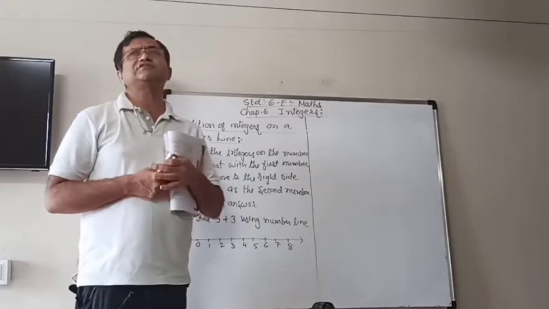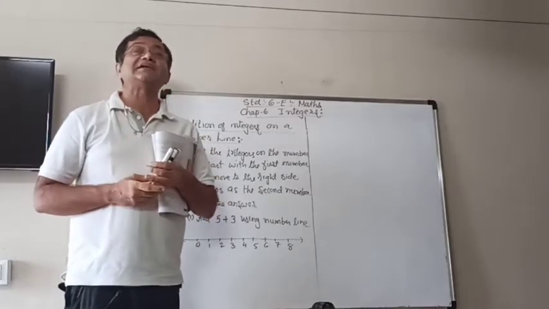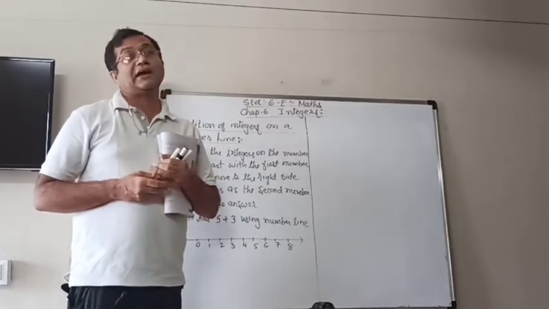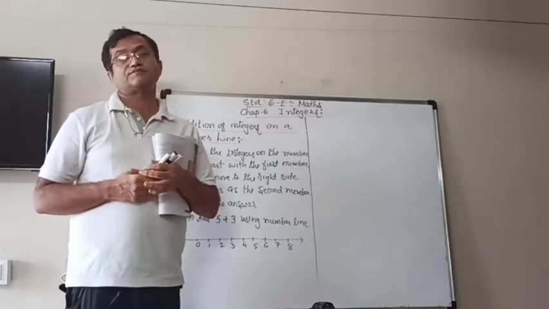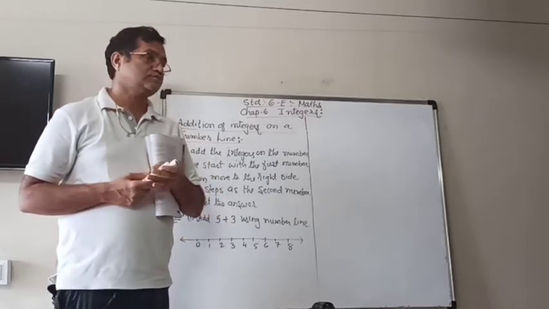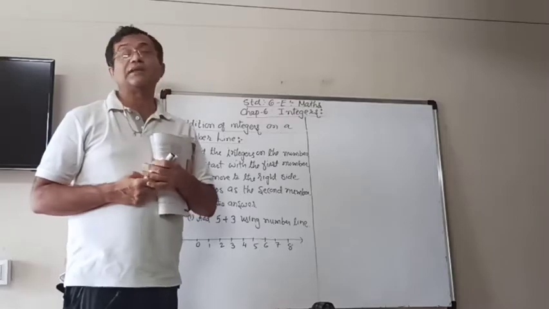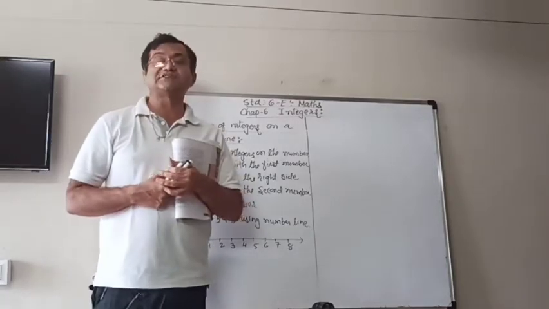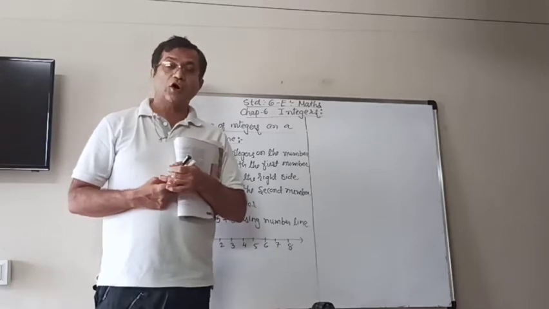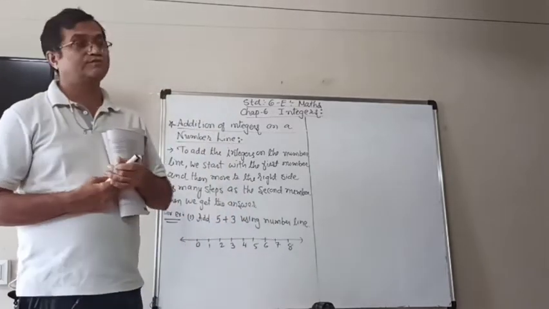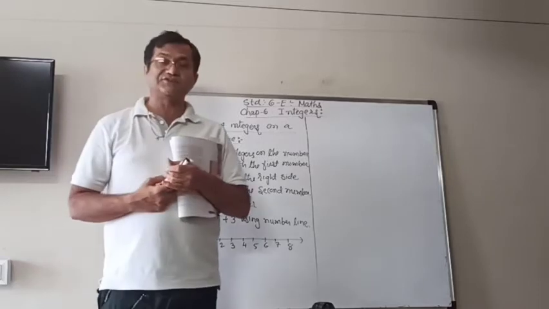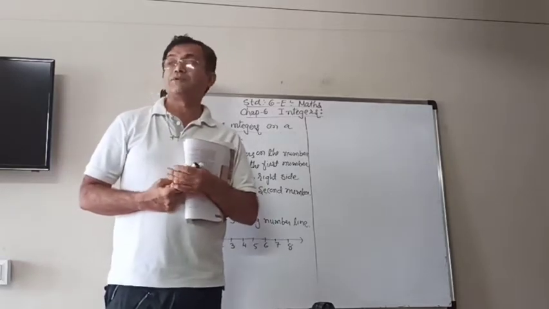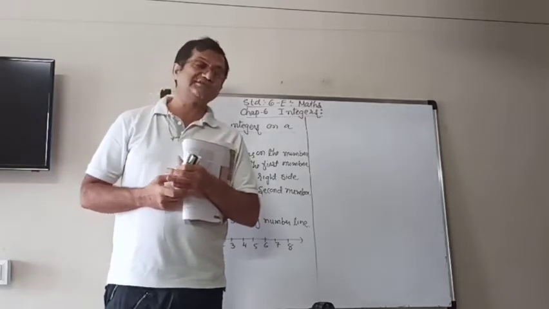In last session, we learned about the addition and subtraction of integers without number line. We saw that when both the integers are positive or both the integers are negative, we add the numbers and put the corresponding sign.